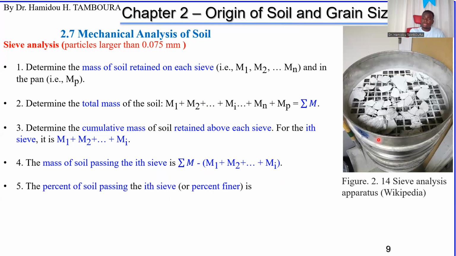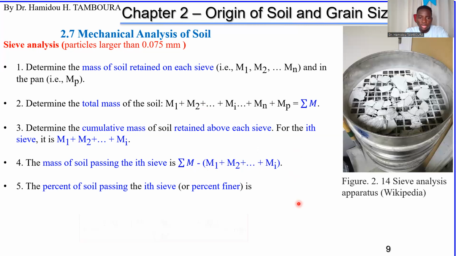For example, if you want the mass passing through the top sieve, you will do the total mass minus only the mass on this sieve. Then the total mass minus the mass above the sieve, all the mass above this. In that case, you can get the mass that went through the sieve.